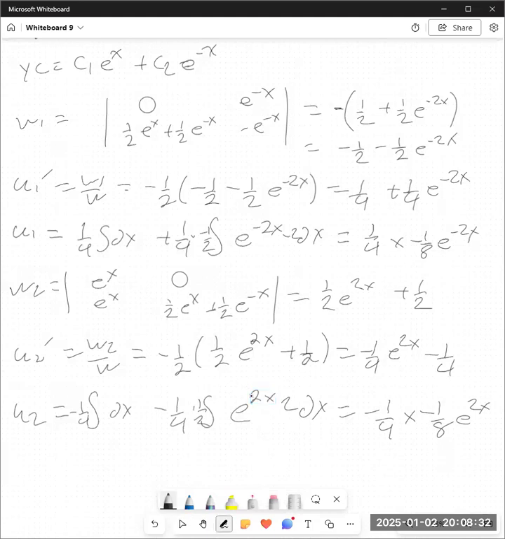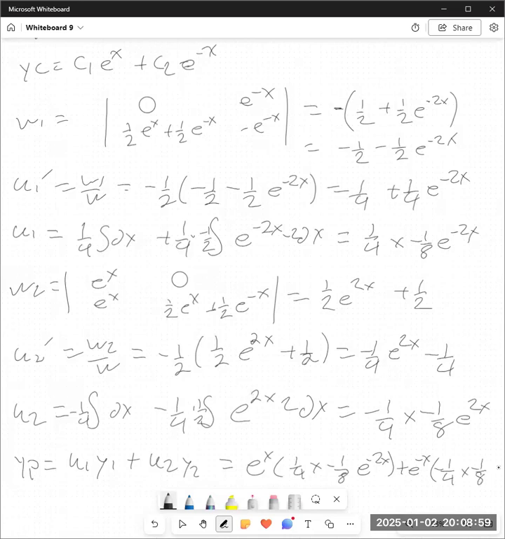So we have yp is equal to u1 y1 plus u2 y2, equal to e to the x times 1/4 x minus 1/8 e to the negative 2x, plus e to the negative x times negative 1/4 x minus 1/8 e to the 2x.